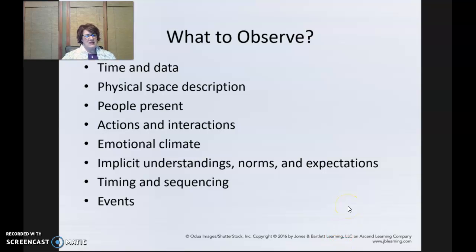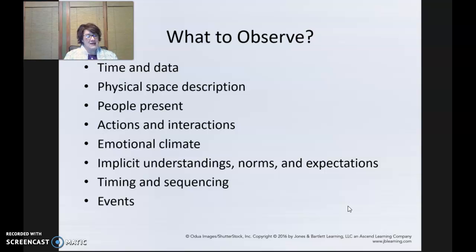When we're looking at our observations, we're looking at a number of different things. It may be time and date, physical space, people who are present, actions, interactions. All those factors come into play that create the environment for the particular study, and the environment does make a difference.